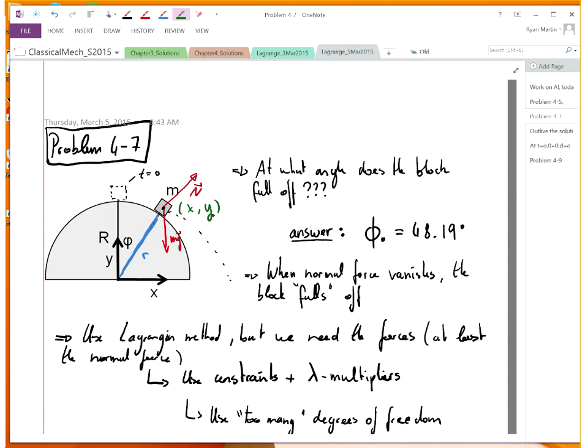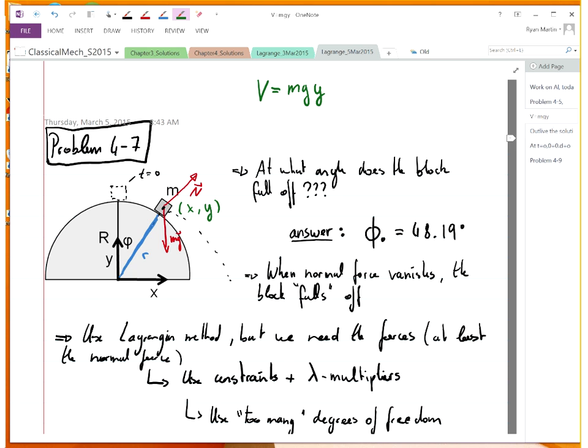So V is mgy. Think about it. Should potential energy be bigger as y gets bigger? In this case, y goes up. So the gravitational potential energy when you put something up higher is bigger. So it should be plus mgy.